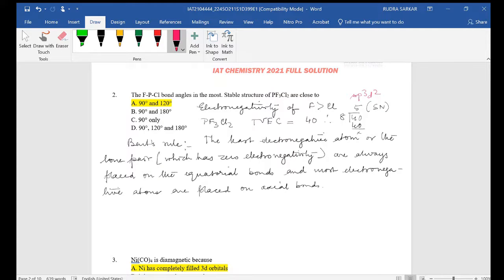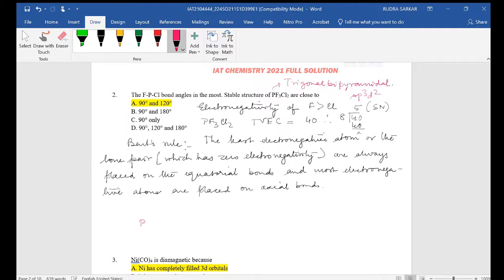And since there are no lone pairs over here, this is a regular structure. That means whatever the geometry is, that will be the shape of the molecule. So this particular molecule will have a trigonal bipyramidal shape.